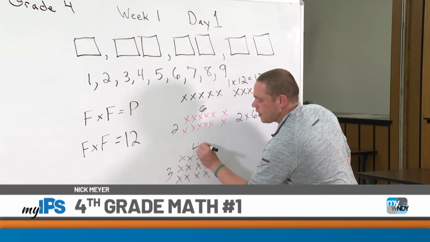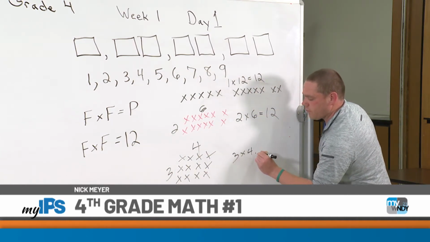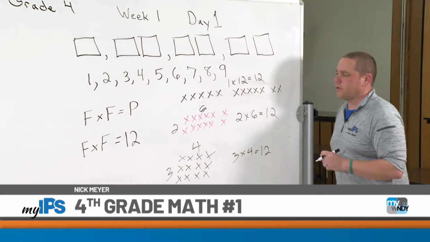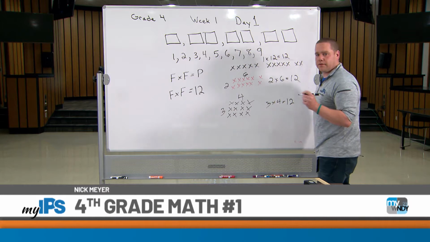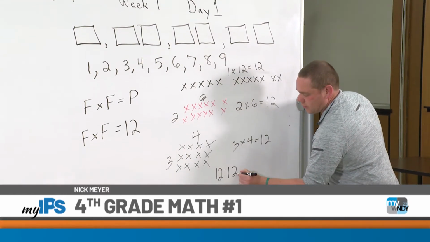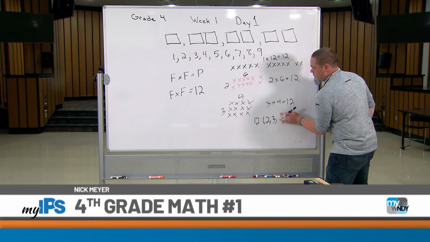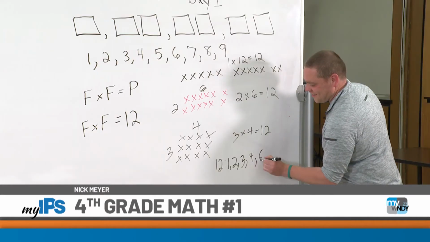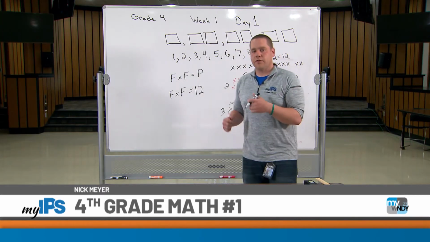So 3 times 4 equals 12. So all of the factors for 12 are 1, 2, 3, 4, 6, and 12. That's more than 2 factors.